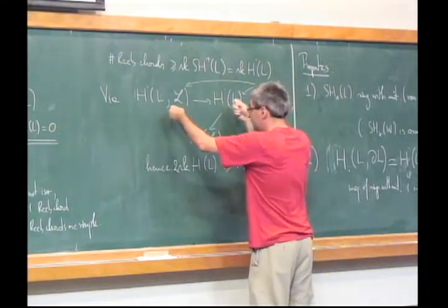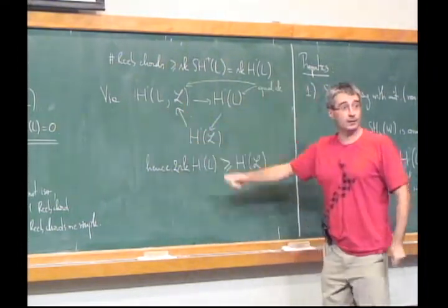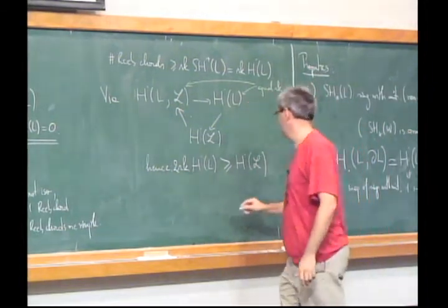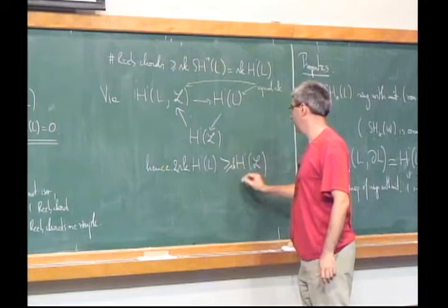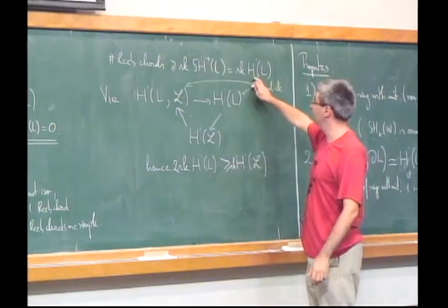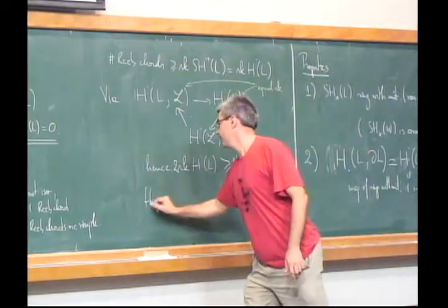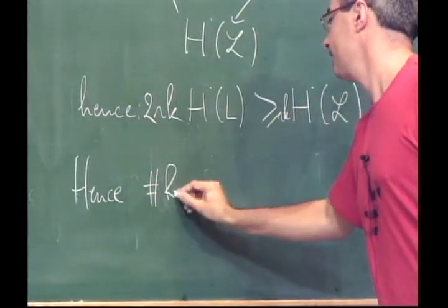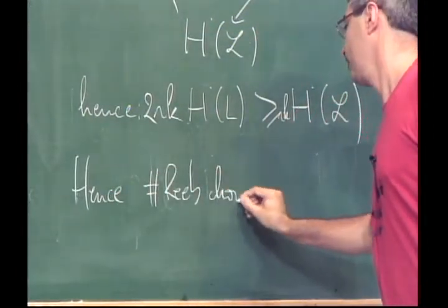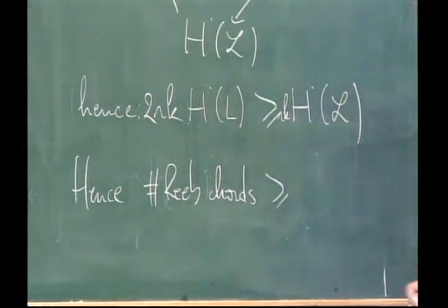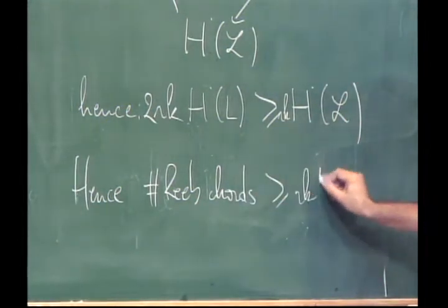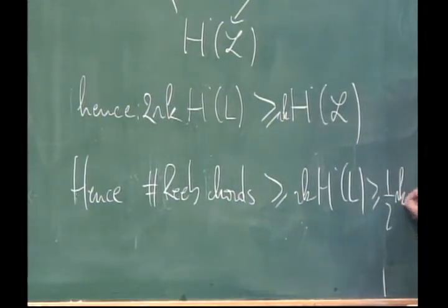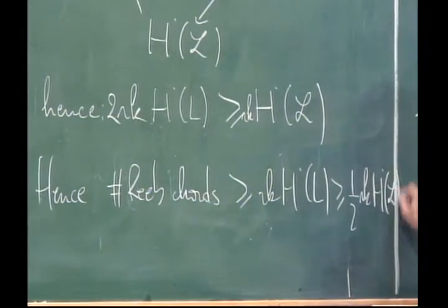So this plus this is bigger than this. Okay. And this proves that the bound that we have here, the number of Reeb chords, is bigger than the rank of the cohomology of the filling, and that's bigger than half the rank of the cohomology of L.